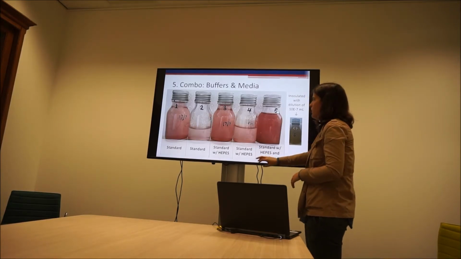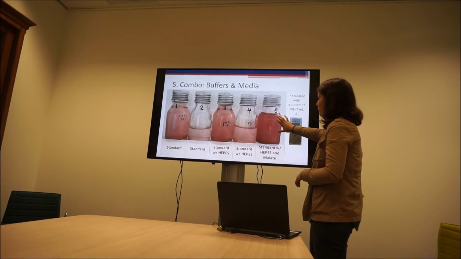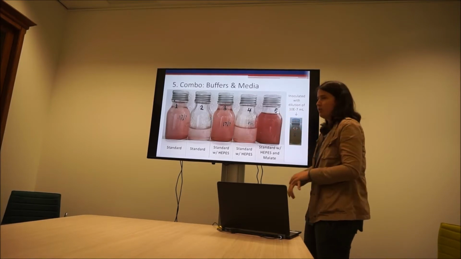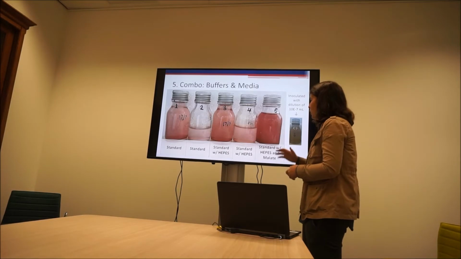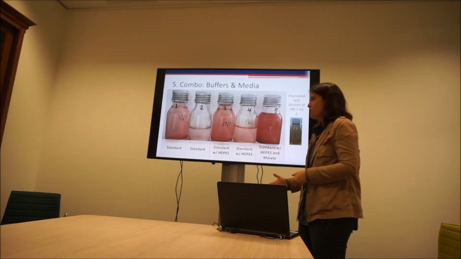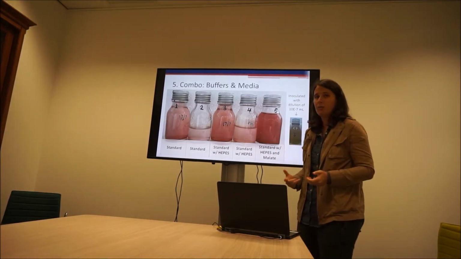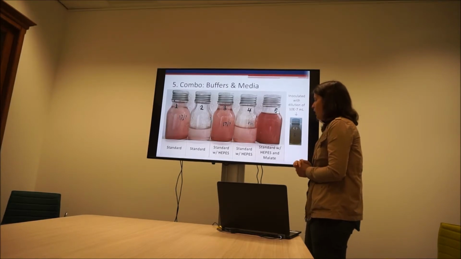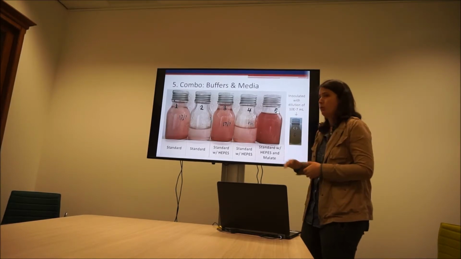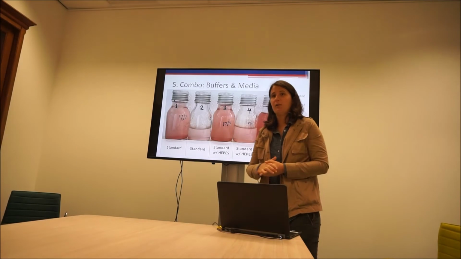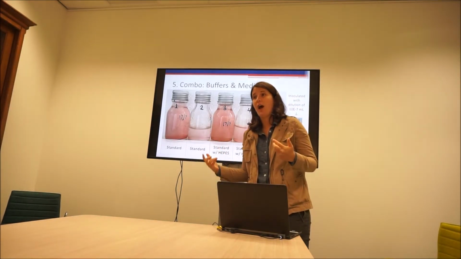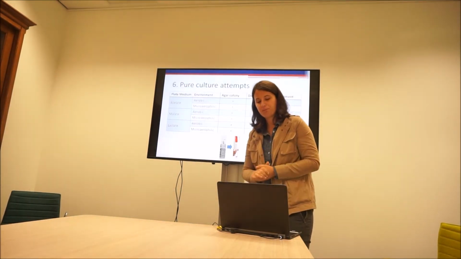And as we can see here, the number 5 sample with the standard acetate medium with the HEPES and malate in addition really provided a great environment for our bacteria to grow. This experiment really helped us moving forward, identifying malate as a really beneficial additive for this bacteria.